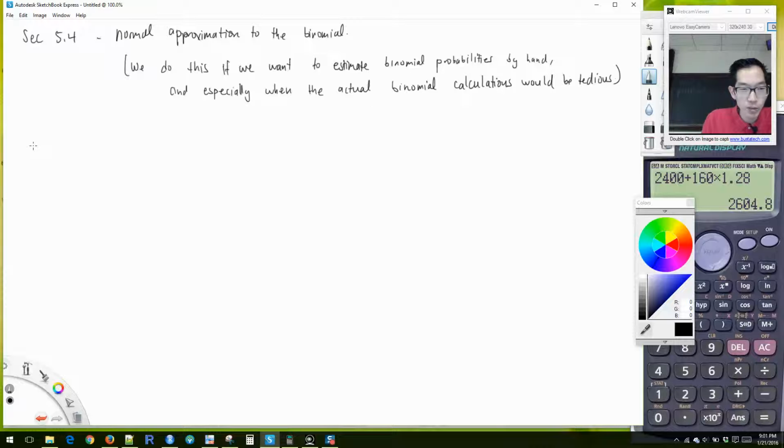But so basically when n times p and n times 1 minus p are both greater than or equal to 10, then the binomial distribution looks a lot like the normal distribution.